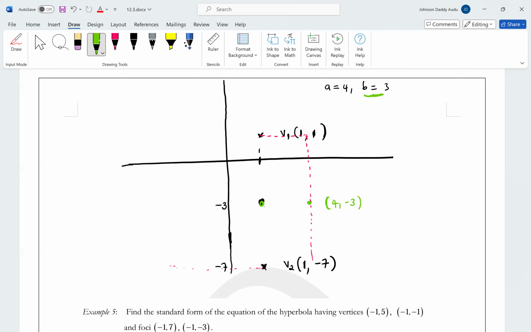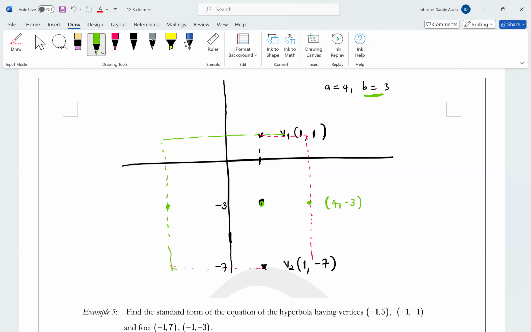Let me bring this a little bit closer here. So this is what we're going to use to draw our asymptote.